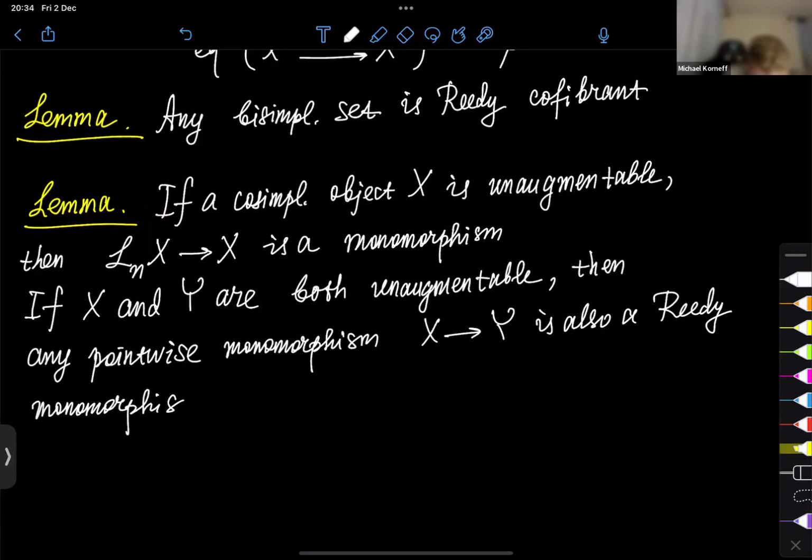That is, its relative Latching maps are monic.